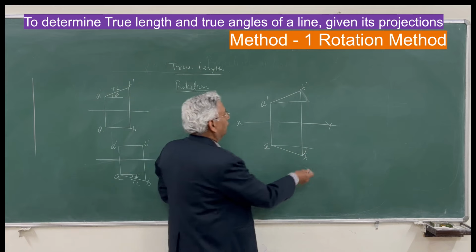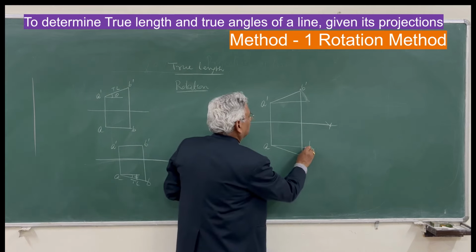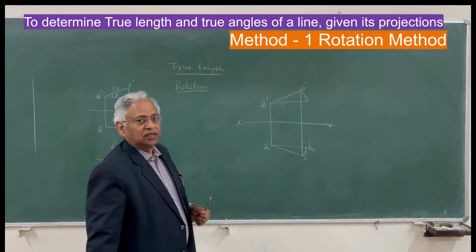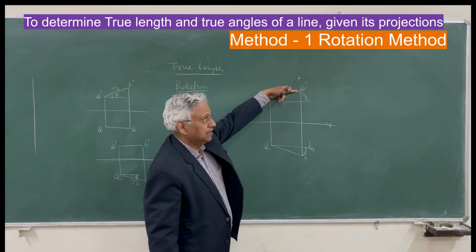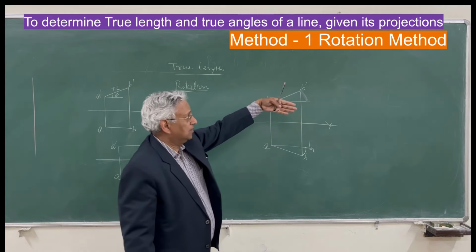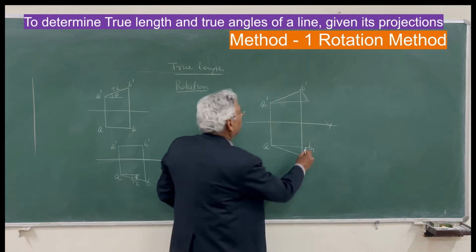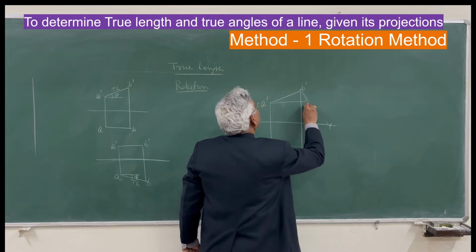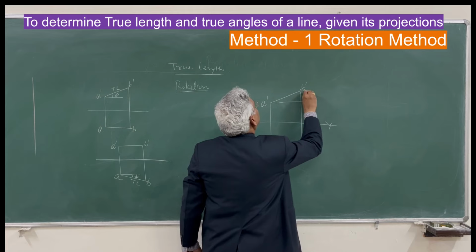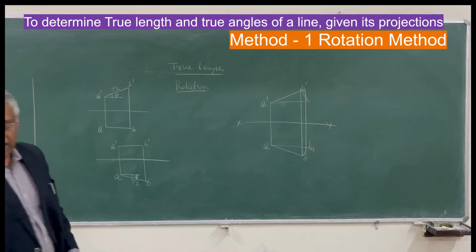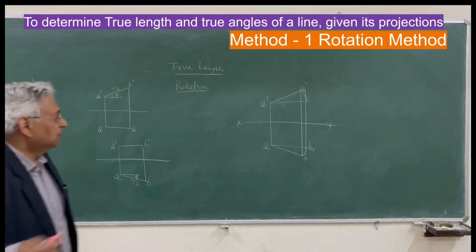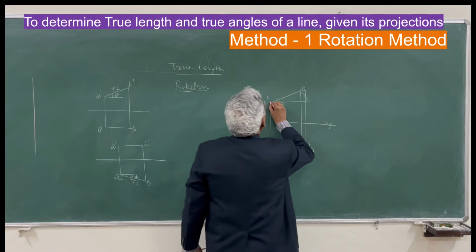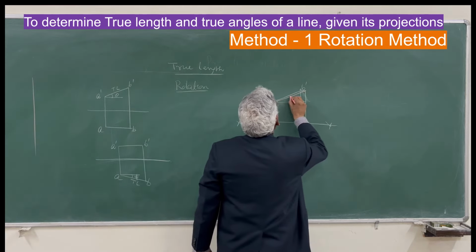So you get the new point here, B1, this point. And because the height of B remains the same, as I told you, we are not changing the height, therefore B will move parallel to the ground line at the same height. Here, B1 dash. And then this will be the true length.